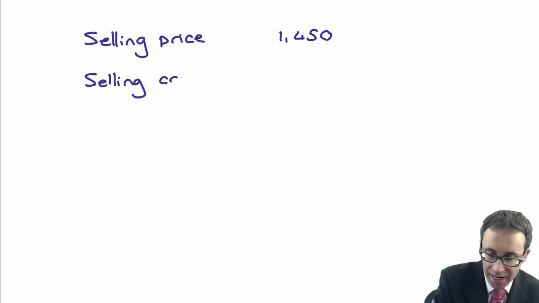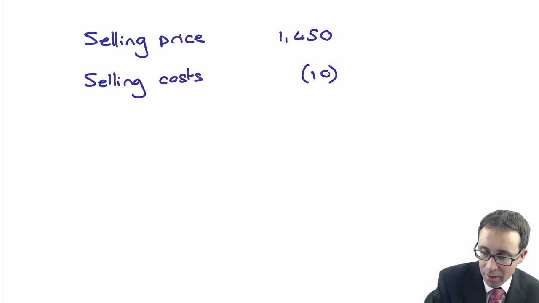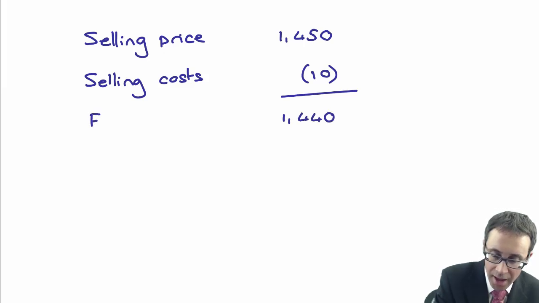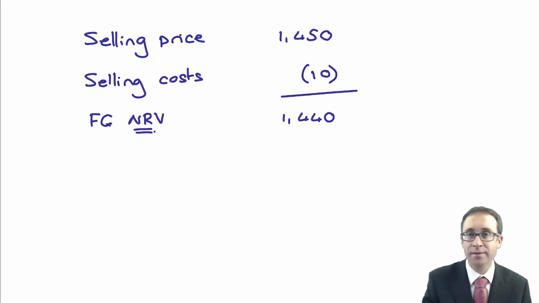Our expected selling costs, I think, were there as 10, weren't they? Which gives me 1,440 as our NRV for the finished goods, isn't it?